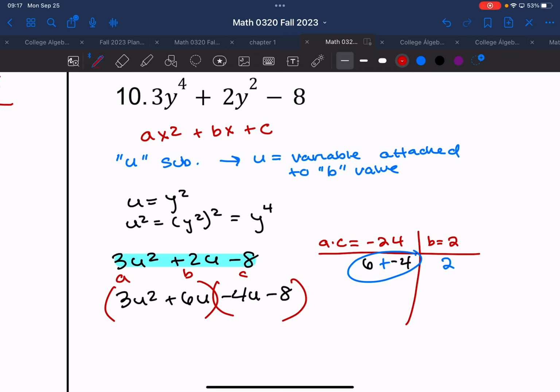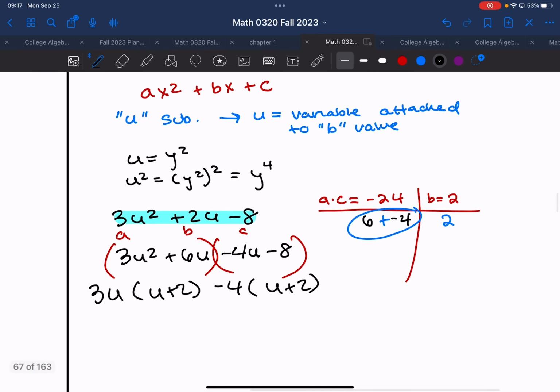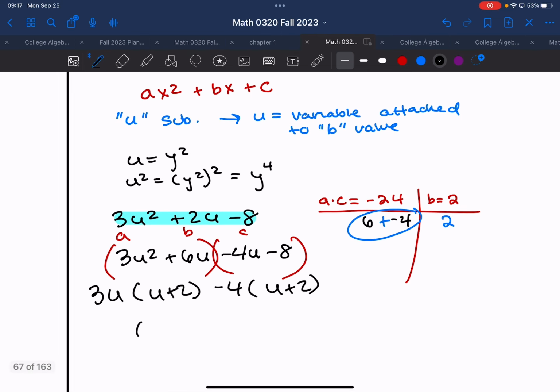I'm going to do my factor by grouping. So what can I take out of the first parenthesis? 3u, and I'm left with u plus 2. Good. What can I take out of the next one? Negative 4, and that way I'm left with u plus 2, because the parentheses have to be the same. So that means I have 3u minus 4 and u plus 2.